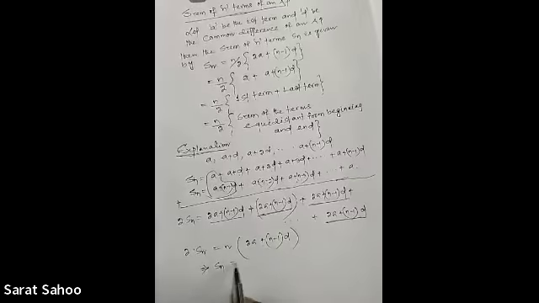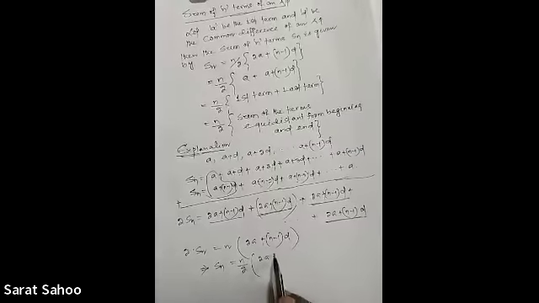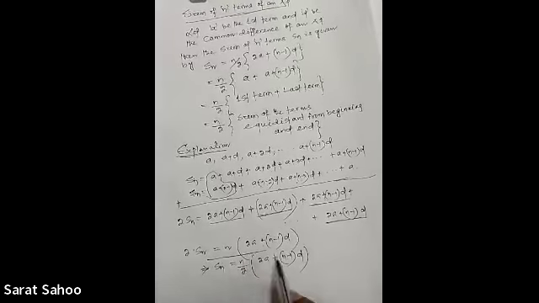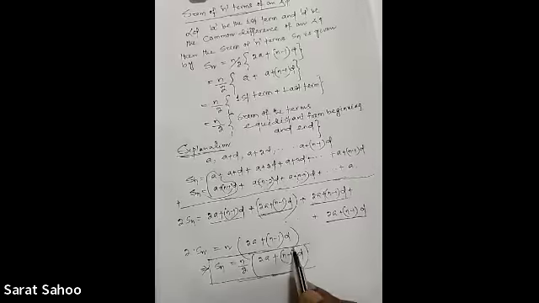So Sn will be n by 2 into (2a plus (n minus 1) into d). I hope it is clear to you.